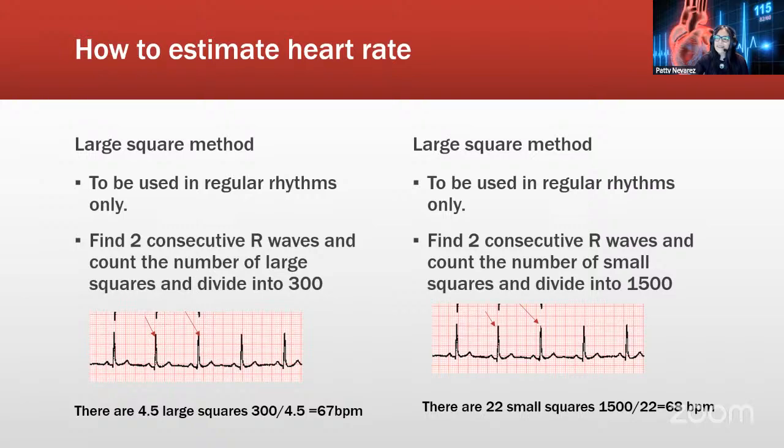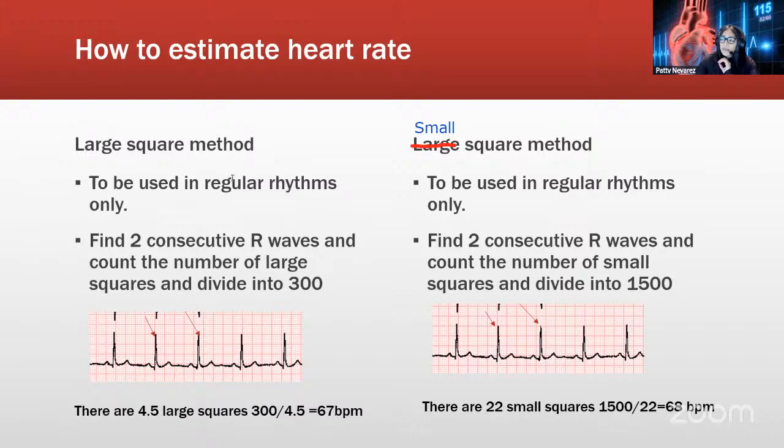We're going to mark large, and we are going to do small. These two ways to estimate the heart rate are for regular rhythms only, while the 6-second rule is, I think I have it on the next slide, so I'm going to leave it at this.